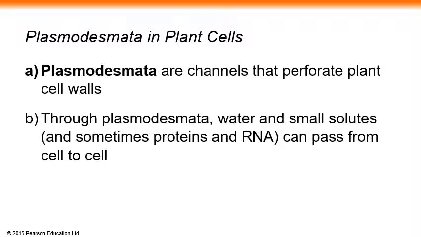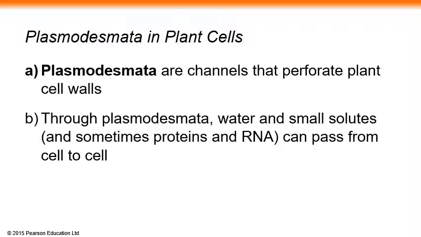Not exactly cell junction, but plasmodesmata in plant cells are important for their communication and transportation. So plasmodesmata are channels that populate plant cell wall. So they're connecting together through the cell wall.